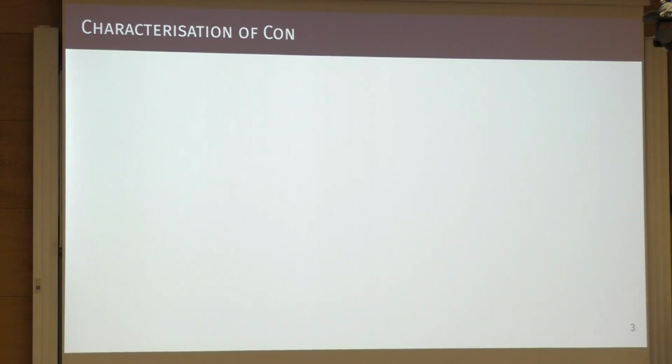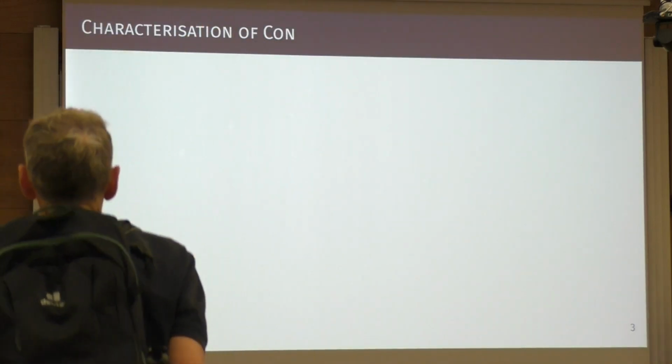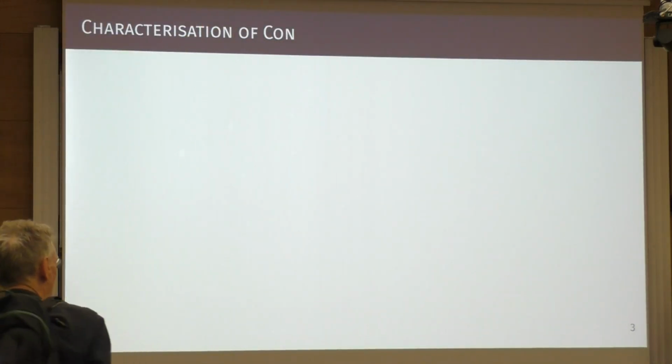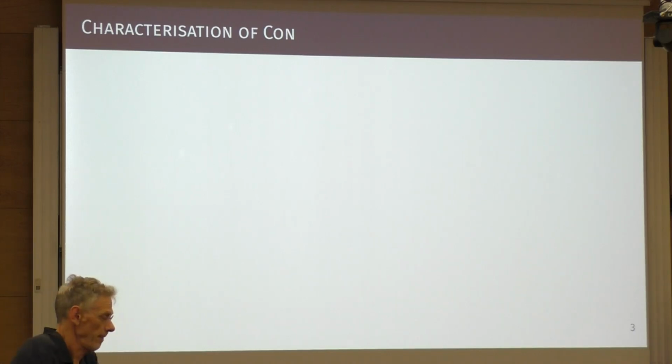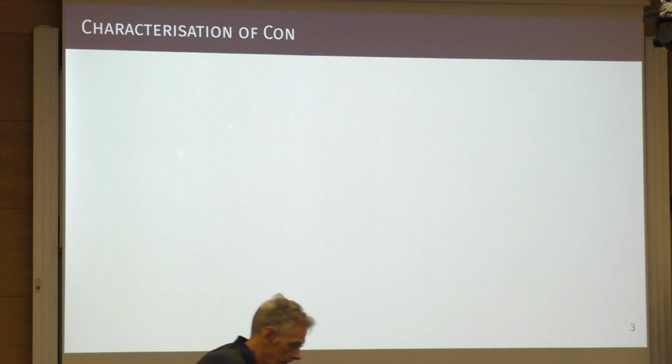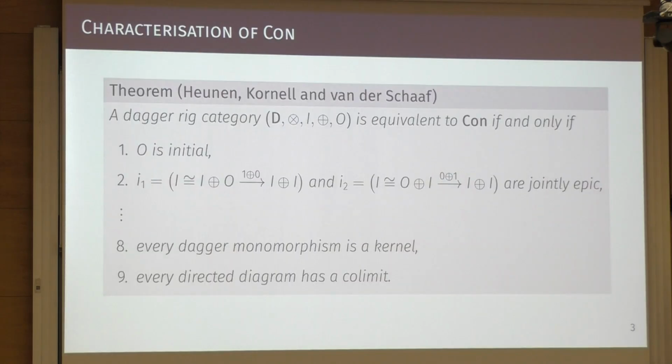The point here is not to get across all the individual axioms, but to give you a flavor of what kind of axioms the statement involves. What's quite remarkable about this theorem statement is there are no analytic notions involved. There's nothing about the real numbers, there's nothing about completeness or continuity. The axioms are all category theoretic in nature. Let me bring it onto the slide.